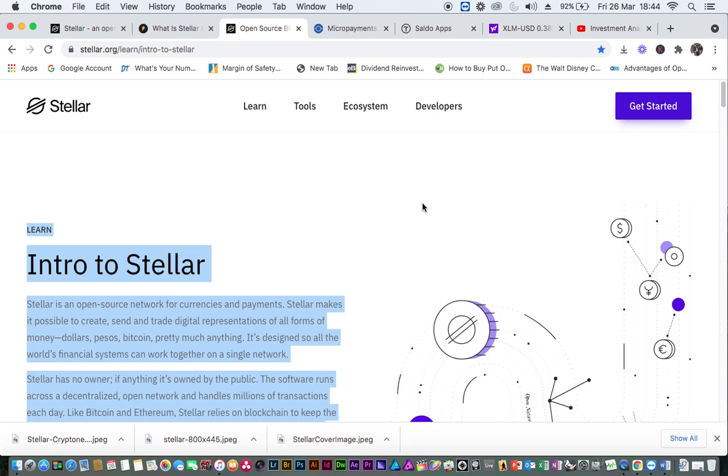You see, the software runs across a decentralized open network and handles millions of transactions each day. Like Bitcoin and Ethereum, Stellar relies on blockchain to keep the network in sync, but the end user experience is much like cash. You see, Stellar is much faster, cheaper, and more energy efficient than typical blockchain-based system.